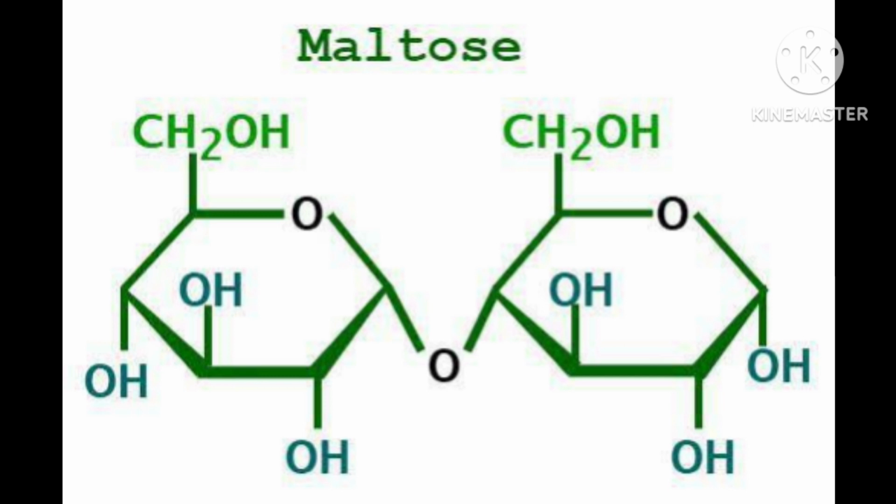But after hydrolysis it gives dextrorotatory glucose and laevorotatory fructose. You remember, when this sucrose hydrolyzes, it will give 2 units, 1 unit of glucose and 1 unit of fructose. Sucrose is dextrorotatory, but after hydrolysis it gives dextrorotatory glucose.